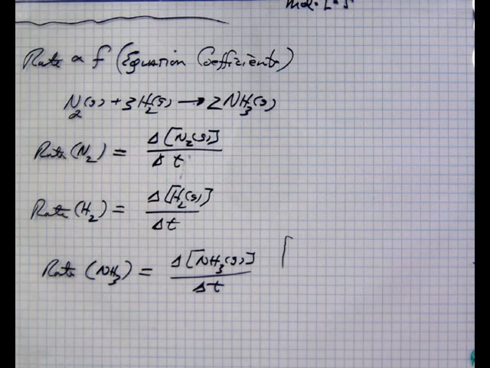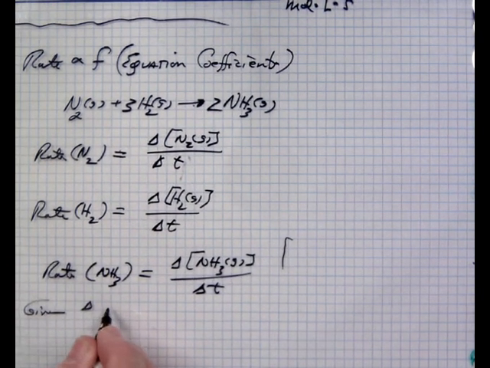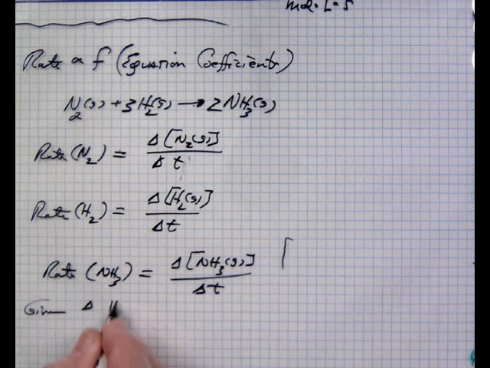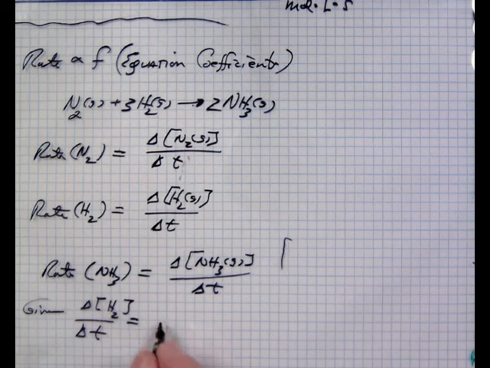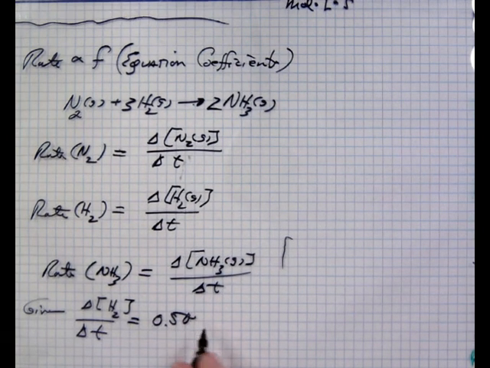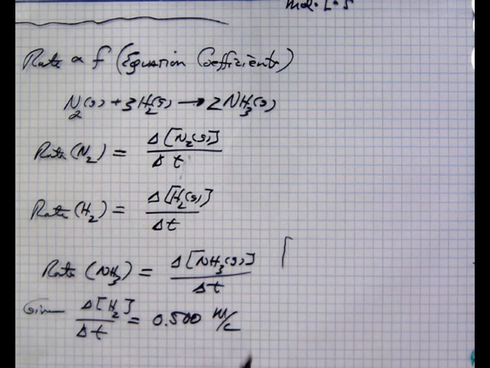Compare in pairs. So if you're given, say, the change in hydrogen over change in time is 0.500 moles per liter per second. That's given.